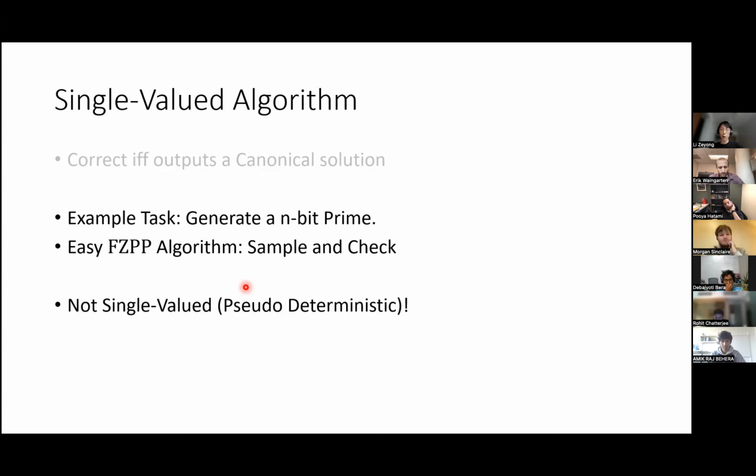For a single-valued algorithm to work in this context, you really want the algorithm to generate the same prime number most of the time. In the discussion of randomized algorithms, this is also considered a pseudo-deterministic algorithm, in the sense that a bounded observer observing the behavior of the algorithm would think of it as a deterministic algorithm.